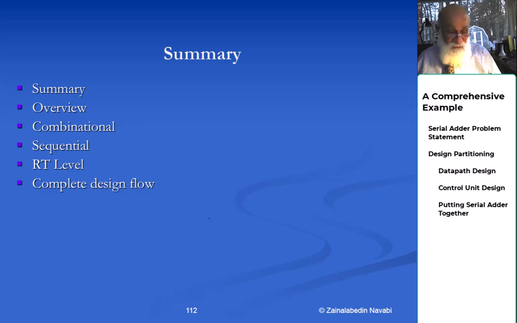We talked about transistors forming gates, combinational circuits, Karnaugh maps, synthesis of combinational circuits using Karnaugh maps, Boolean algebra, and then we talked about sequential circuits using flip-flops, and then we talked about buses, memories, and RT-level complete design flow. Okay, so in a way, we started with a transistor.